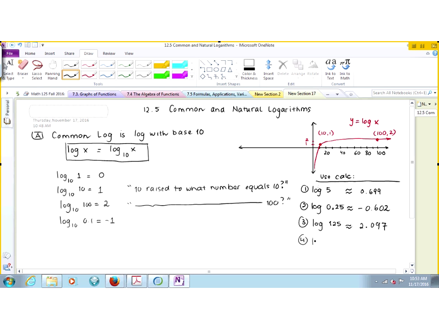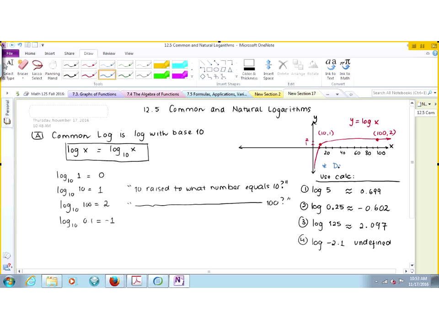What is log of 125? 2.097. Now, what about if I ask you what is log of negative 2.1? No. Why is it error, you think? Undefined, right? Why does it give you undefined? Look at the log graph. Does it cross the y-axis? No. So the domain of log is positive numbers.